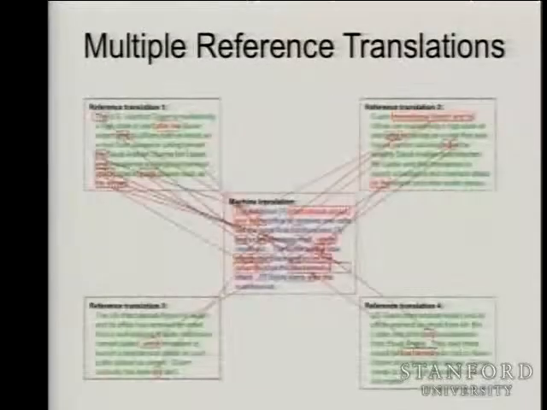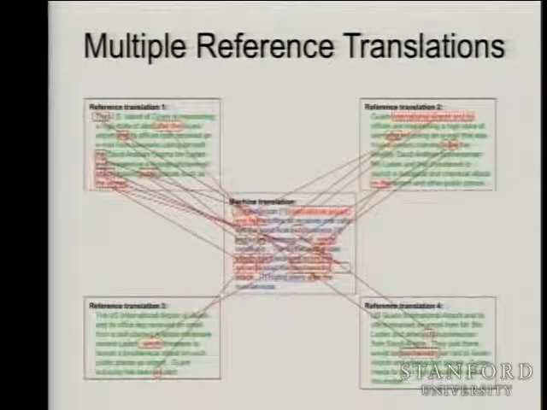But the idea after that is, in the original version of BLEU, and still quite commonly in evaluations, people don't just use one reference translation, they use multiple reference translations. Having 4 of them is quite common. The idea is effectively, if you have 4 reference translations, you've sampled the space of possible translations.